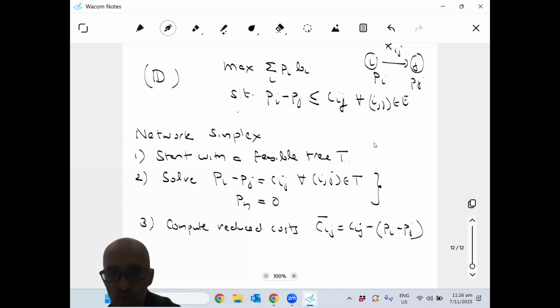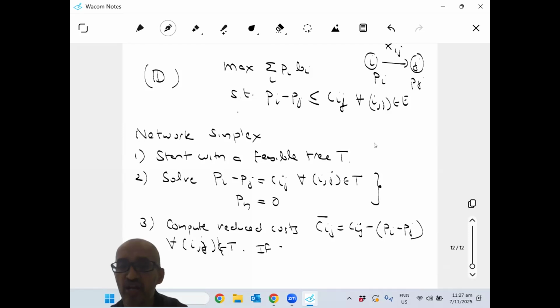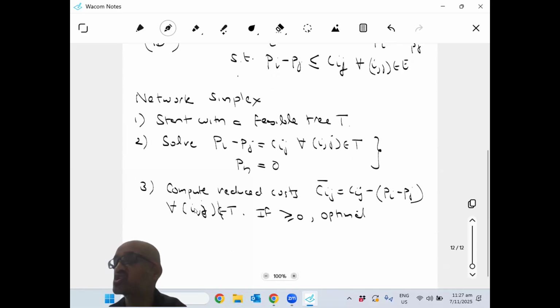You do this for every edge not in the tree. If everything is greater than or equal to 0, you're optimal. If not, let Ij enter basis similar to simplex.